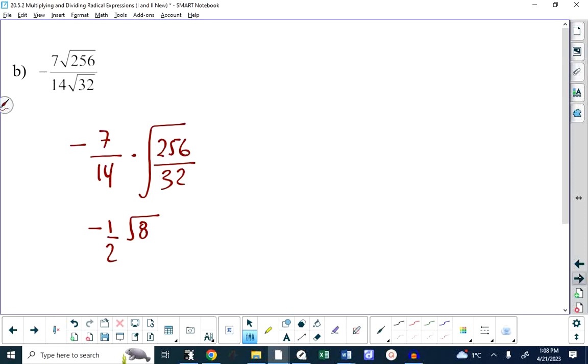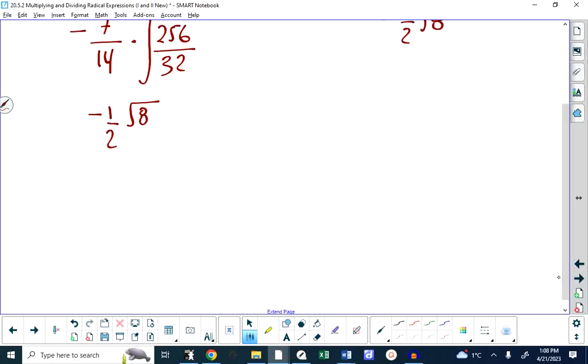There's nothing wrong with writing it the other way, but it's better if you put the root 8 as a numerator rather than halfway between the top and the bottom. And we can simplify this. Negative 1 over 2, root 8 is 2 root 2. And we're back to, we talked about this before. Can I cancel those 2's?